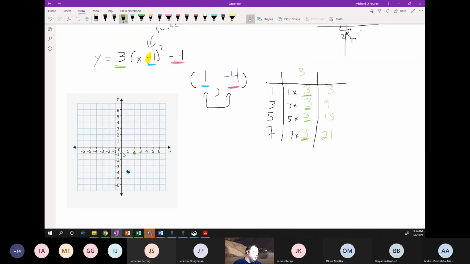Over 1, up 3. My next one's 9. I'm not going to have room for this anyway. Over 1, up 9. Let's put it right there. And it's going to be the same on this side. So I can have something that looks like this.